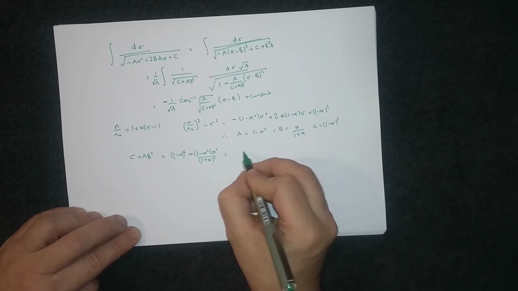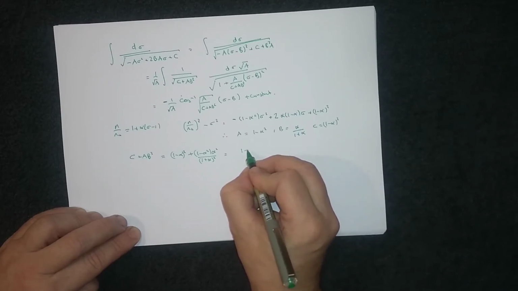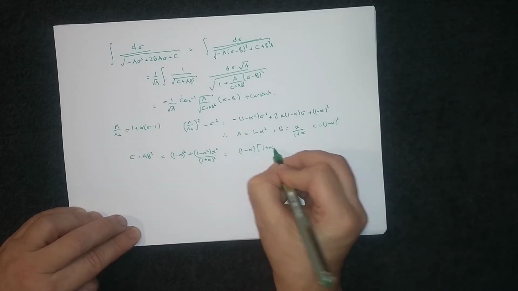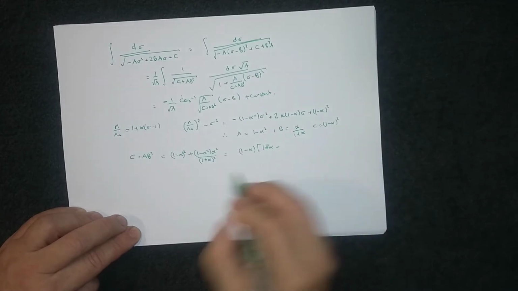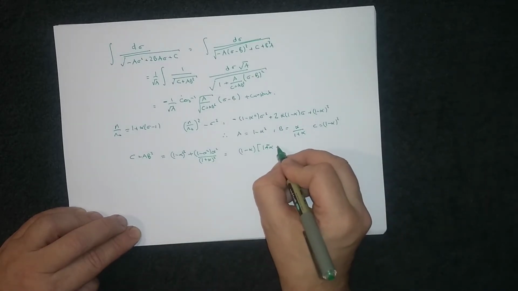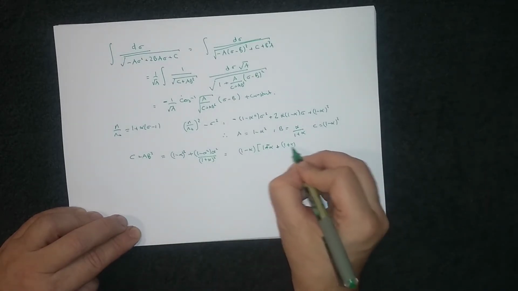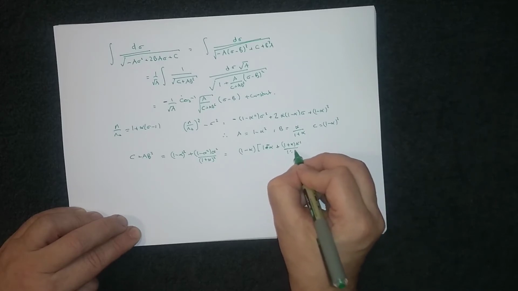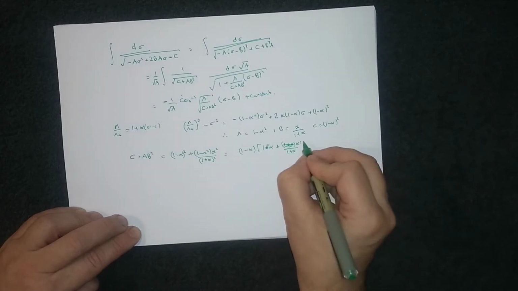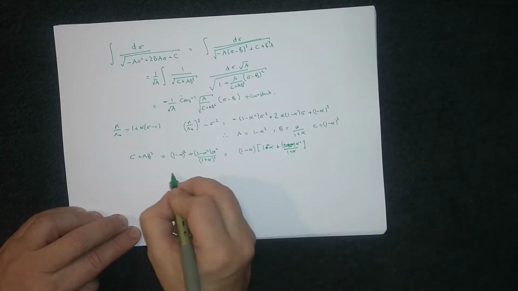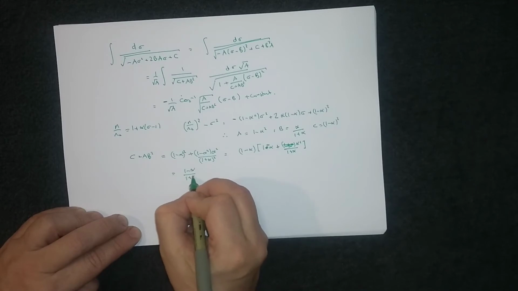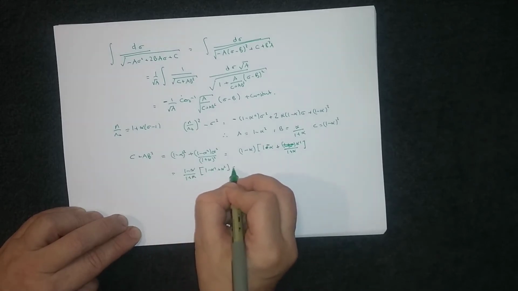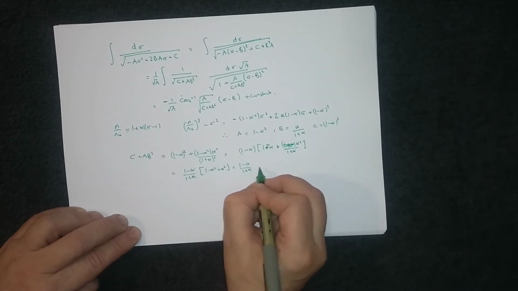And that's equal to 1 minus alpha into 1 plus alpha, 1 minus alpha, plus 1 plus alpha, alpha squared, over 1 plus alpha all squared. So that's 1 minus alpha over 1 plus alpha into 1 minus alpha squared plus alpha squared, which is 1 minus alpha over 1 plus alpha.